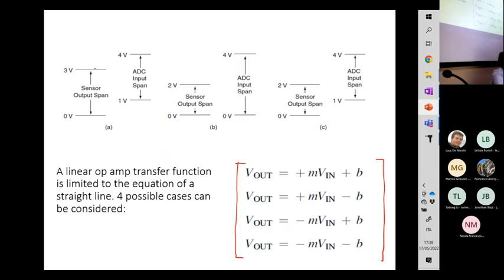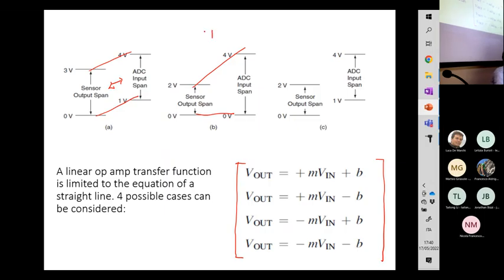Because the sensor output span can be in this relationship with the A to D input span, or we have a situation like this. So in this case, what we need is just a translation of the output with respect to the input of the ADC, while in this case we need also some gain because the sensor output span is smaller than the A to D converter span.